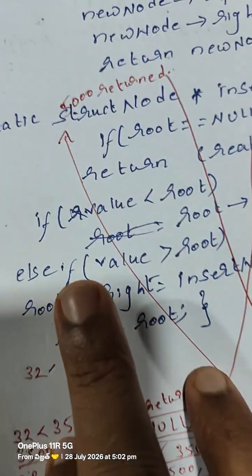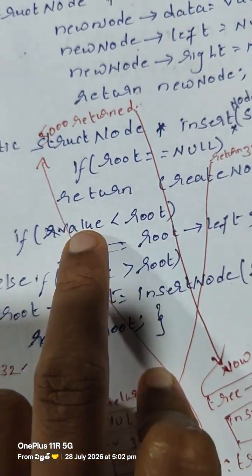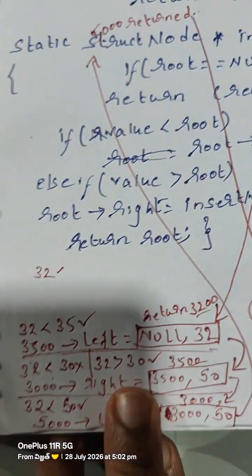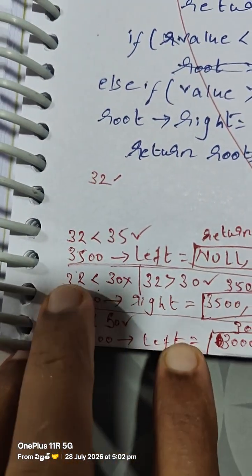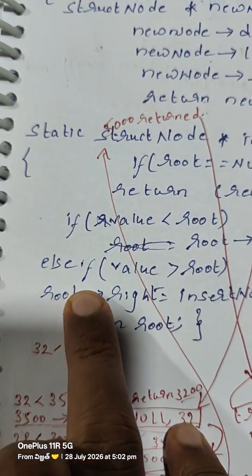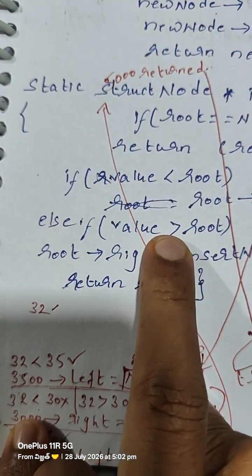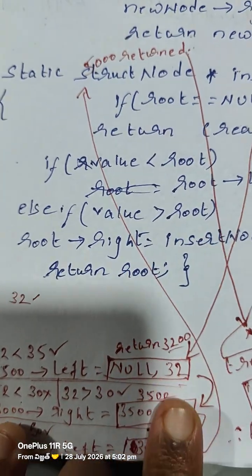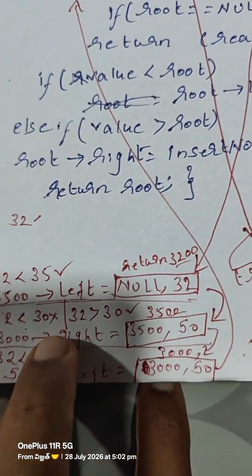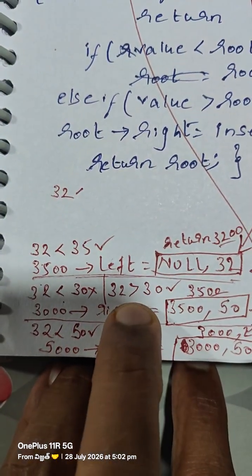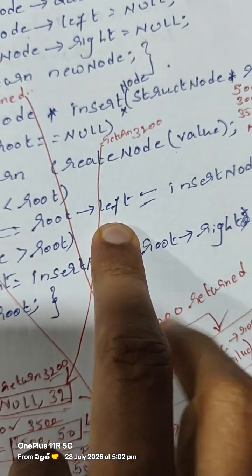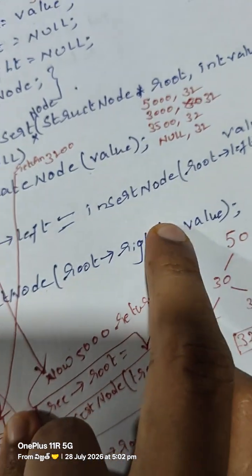In the code, first we have written: is 32 less than 30? No, the condition is not satisfied. Now we came to the else if part. 32 is greater than 30, right? Yes, the condition is satisfied. When the condition has been satisfied, immediately we call the same function again.